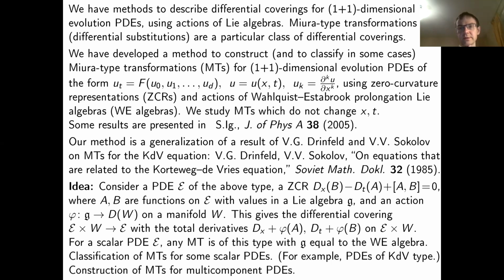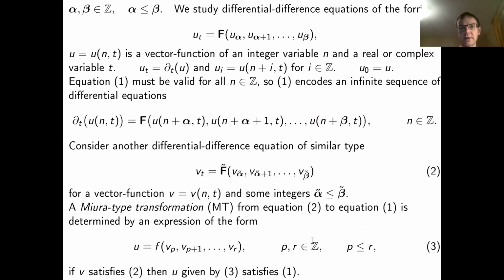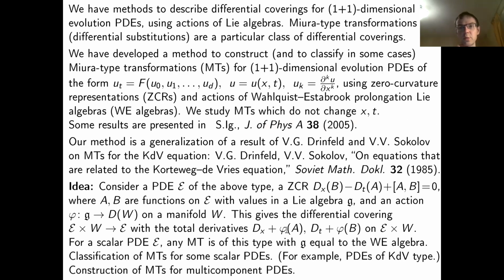I don't want to give all technical details, which are written in this publication. Just the main idea is that this approach allows us to switch from Miura transformations to some purely algebraic construction on the Wahlquist-Estabrook prolongation Lie algebra.